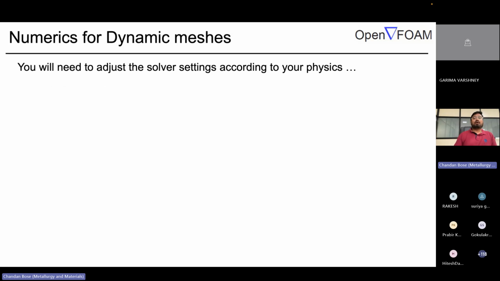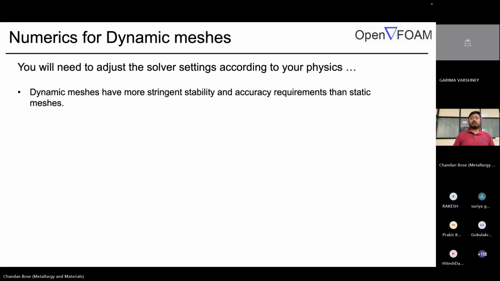Okay. Now, how do we adjust the numerics when we use dynamic meshes? As you now know, there are different classes of dynamic meshing strategy, and accordingly you have to change the numerics or the solver settings for your simulation. Particularly because dynamic meshes have more stringent stability and accuracy requirements than static meshes.